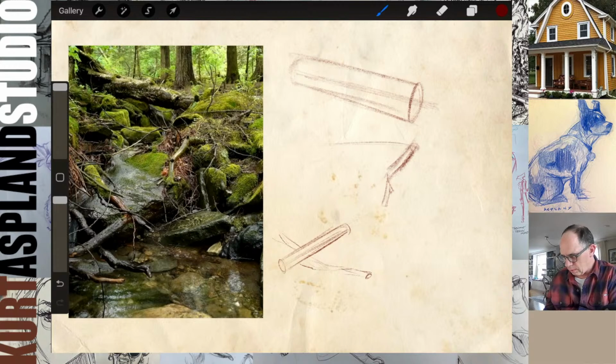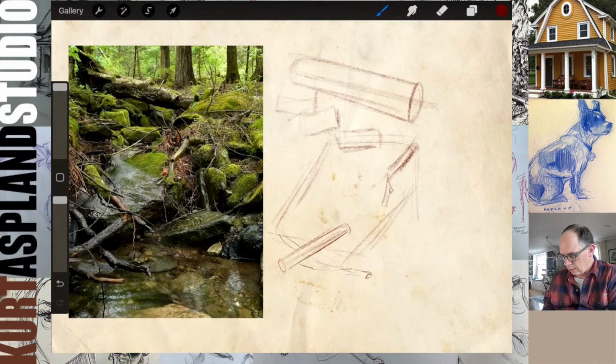All right, let's just quickly drop in some big shapes here. This might be the shape of that big rock that's behind all of that right there. And then I have another rock right here, and then another one up here, another one right there.